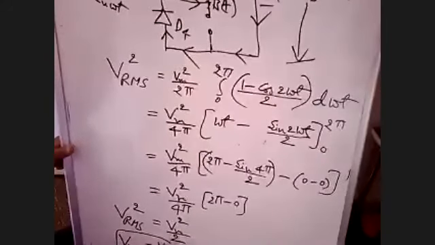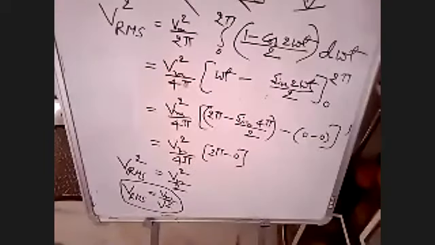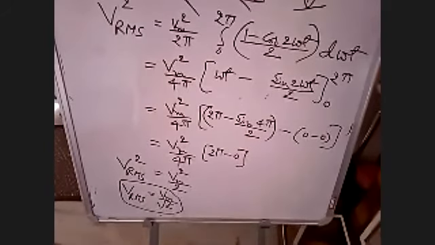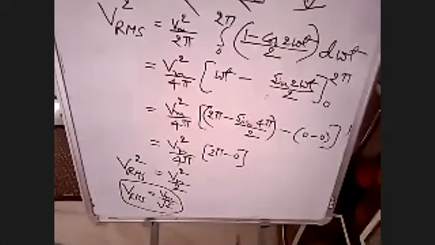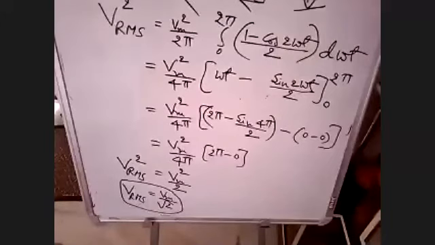Finally, you'll get Vm by root 2. The RMS value of the full wave rectifier is Vm by root 2.